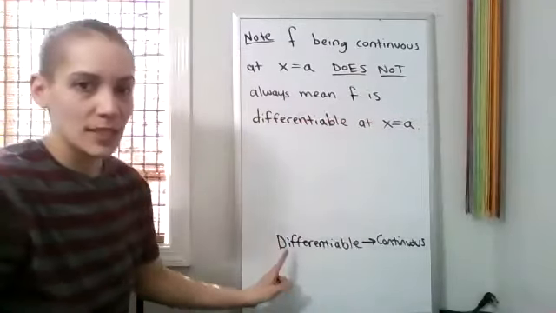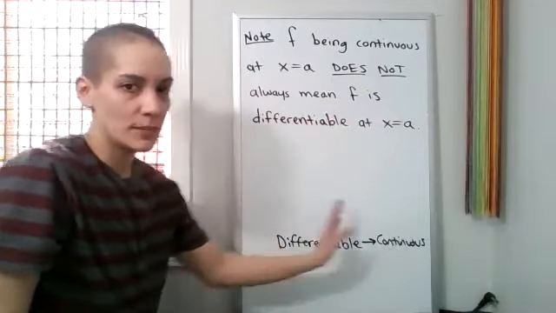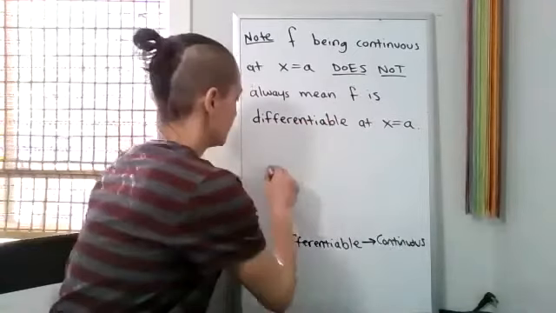Okay, so one more time. Differentiable implies continuous, but I'll show you an example where continuous doesn't mean differentiable. So this ends there.